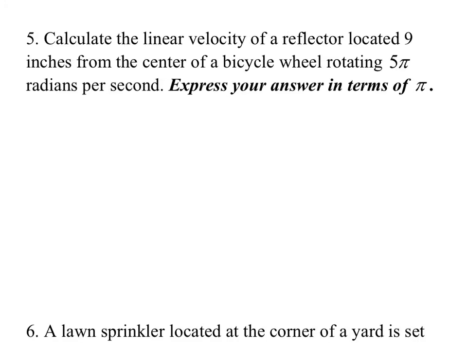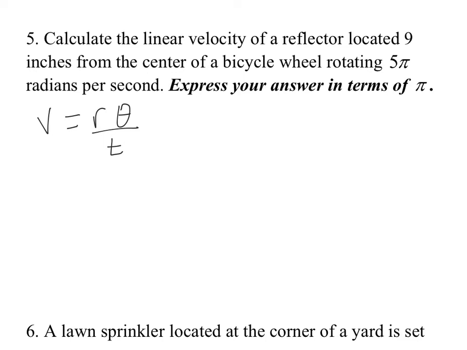Okay, question 5 is a question about linear velocity. So we're going to grab our linear velocity formula from our formulas at the top of our test. And this one is going to be V equals R theta divided by time, where R is the radius, theta is our angle, and T is time.